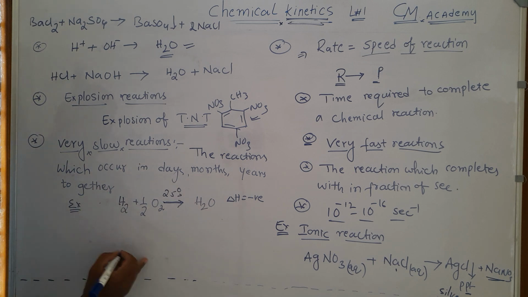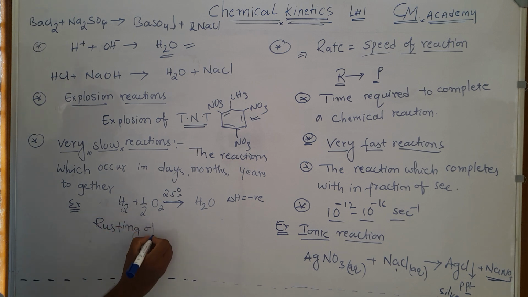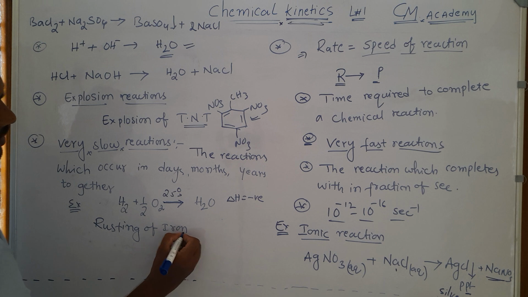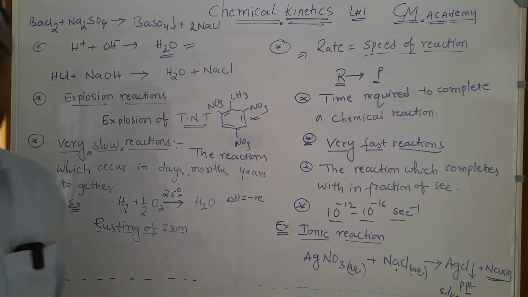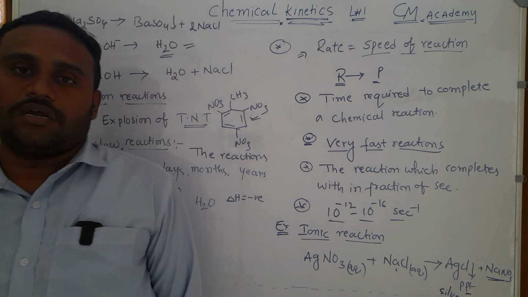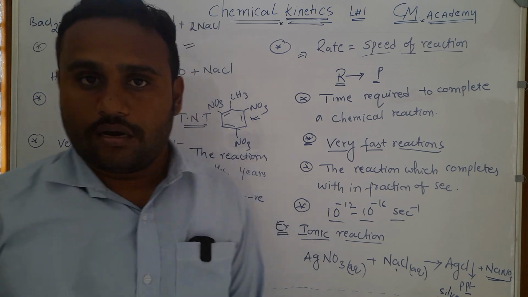And also rusting of iron. Rusting of iron is also a very slow reaction. We already know rusting of iron means the formation of a brown color layer on the iron objects.